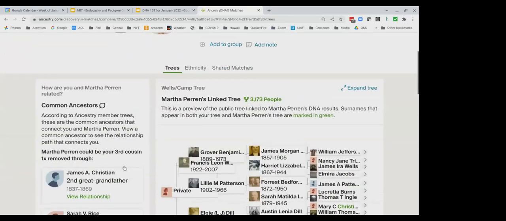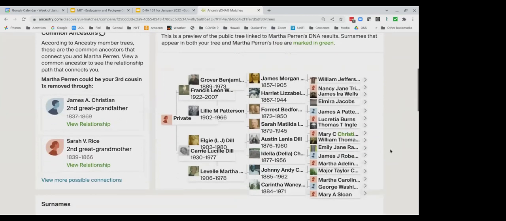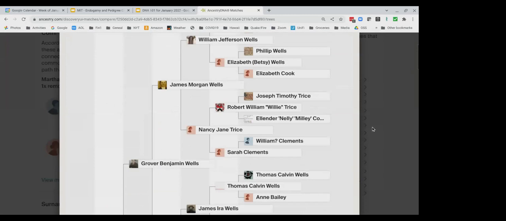I see she is descended from James Christian and Sarah Rice, who were my second great grandparents. Now what's interesting is those names don't appear over here. I have to click on the arrow to go another generation back. And so I'm now another generation back.